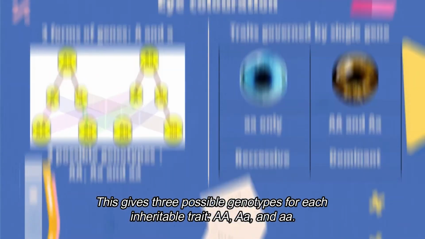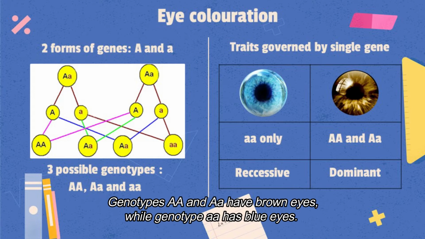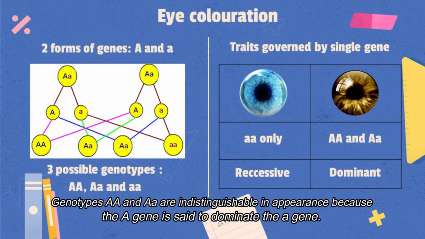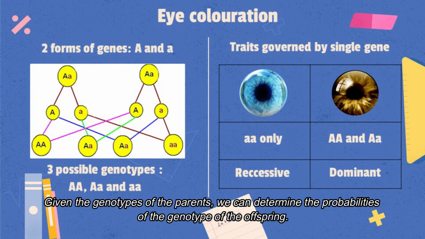This gives three possible genotypes for each inheritable trait, such as AA, Aa, and aa. Genotypes AA and Aa have brown eyes, while genotype aa has blue eyes.